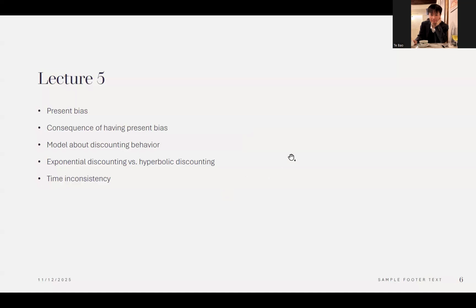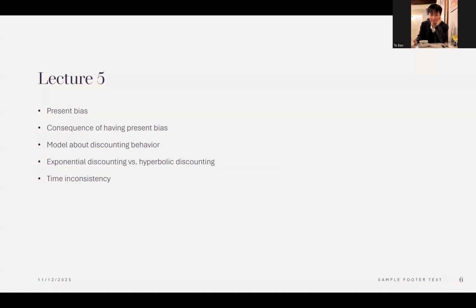Okay, so present bias refers to the situation that people have a very big discount rate between now and tomorrow, and discount to a lesser degree between the near future and the far future. More specifically, people may have a discount between today and tomorrow of like 50%, like $1 tomorrow is only 50 cents today.